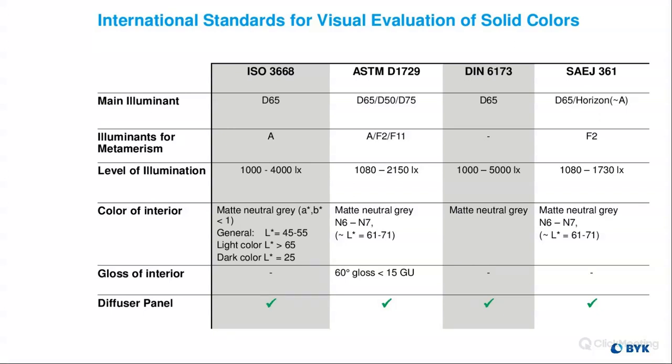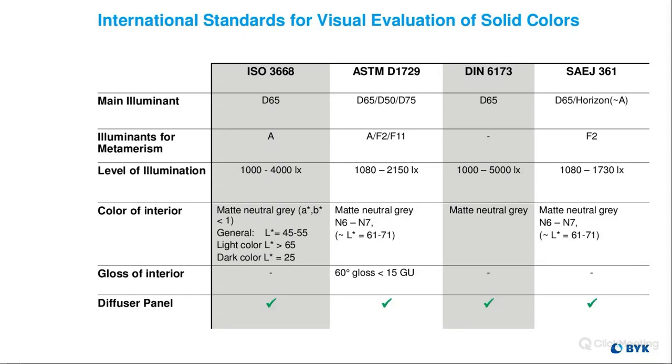These are some of the standards across the world for viewing colors and evaluating solid colors visually. And so we see that across the board. So we have ISO 3668, we have ASTM D1729, we have the DIN 6173, and the SAE J361. And across all of those, we find a lot of similarities.